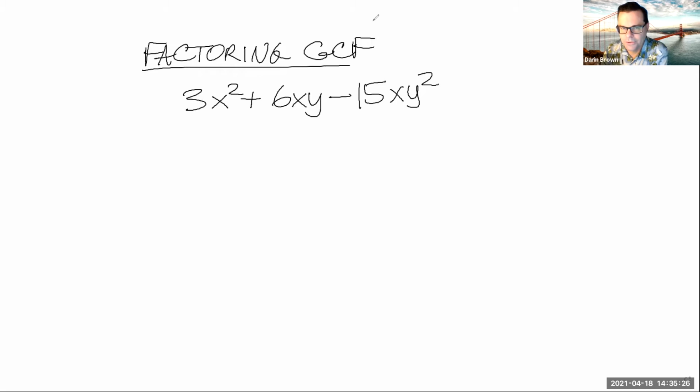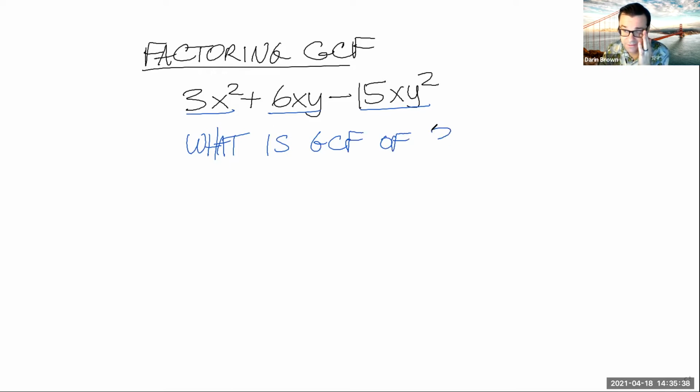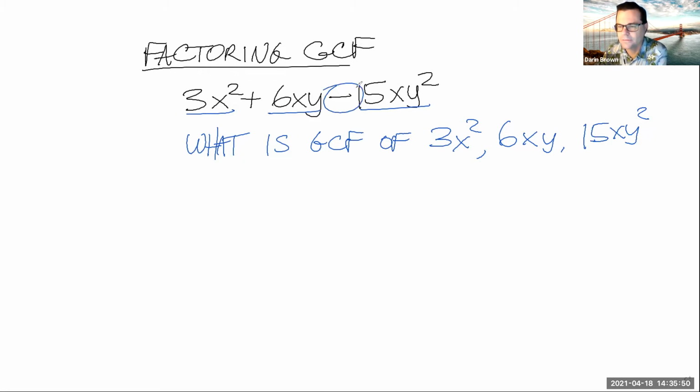What we're going to do here is look at all three of these terms, and we're asking what is the GCF of these terms. So what's the GCF of 3x squared, 6xy, and 15xy squared? You don't have to worry about the minus sign because the minus sign is just going to tag along. So really it's just these three.